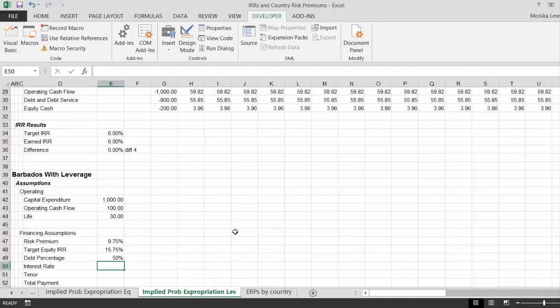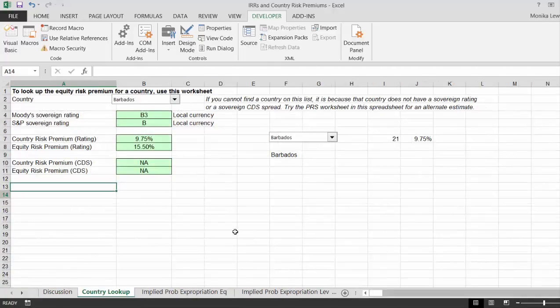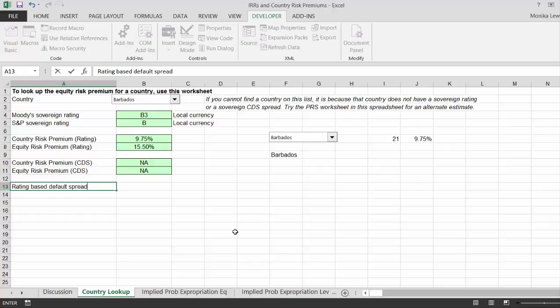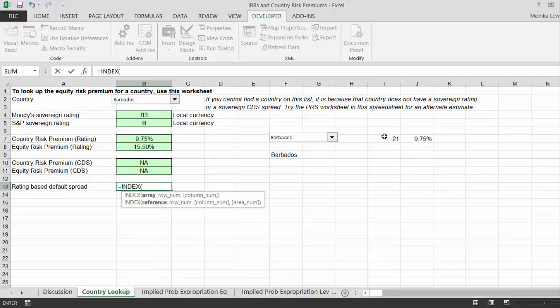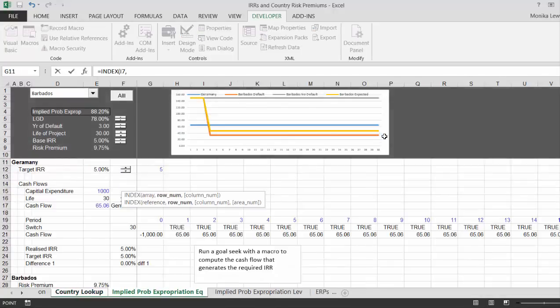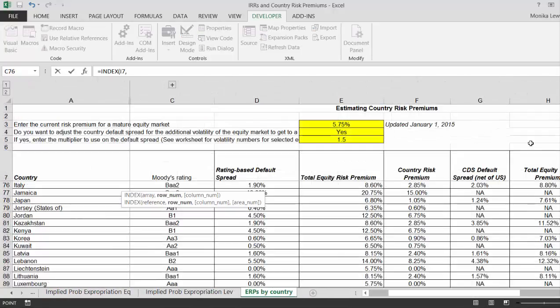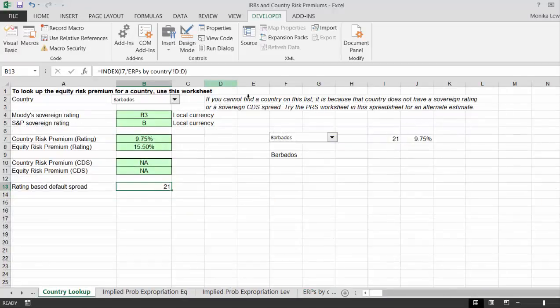So, rating default spread. So what we do again, this is 21, so if it's an index, I don't know why he didn't do that. It's so much easier to work with the index than anything else, so we can just click on that line to get our rating-based default spread.